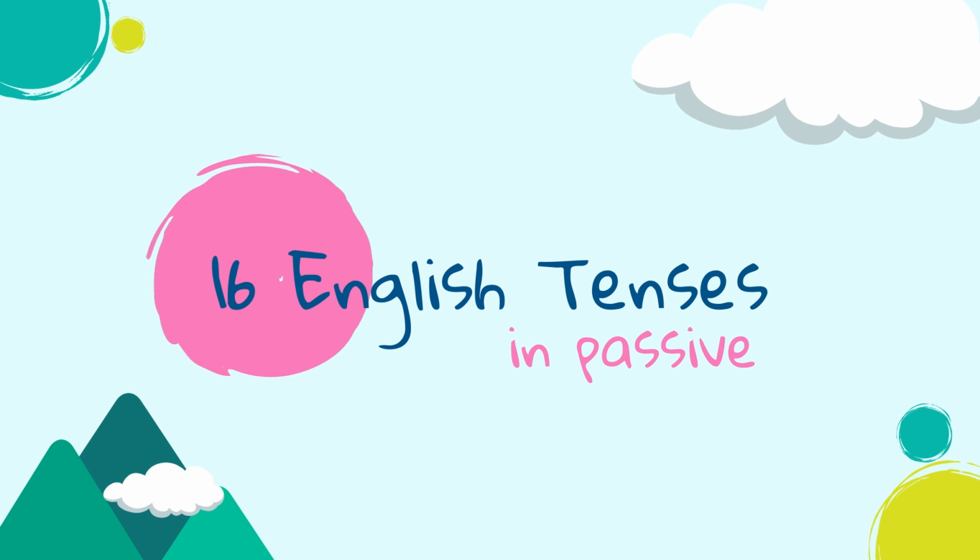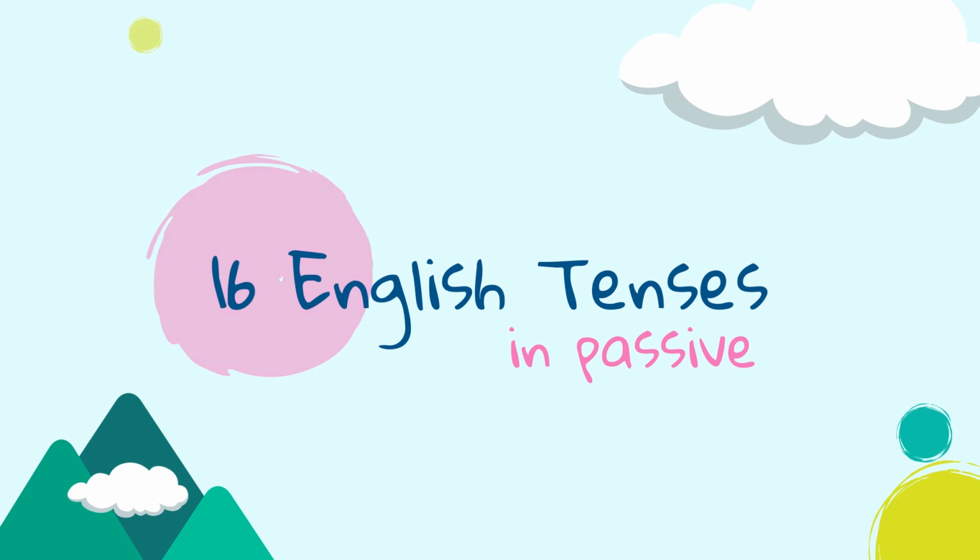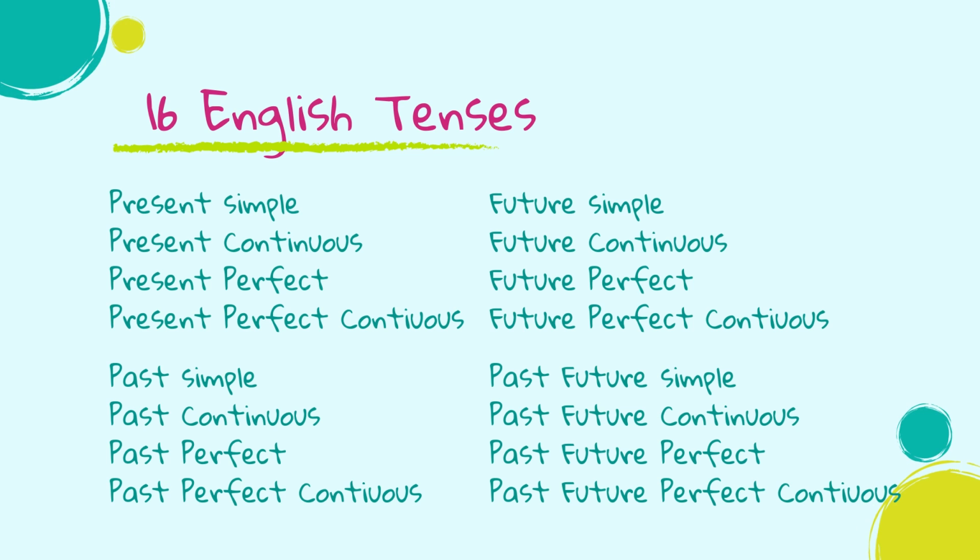Before we change that into passive, I think it is better for us to refresh our knowledge about the 16 English tenses. The 16 English tenses are actually divided into four sections: the present, the past, the future, and the past future.